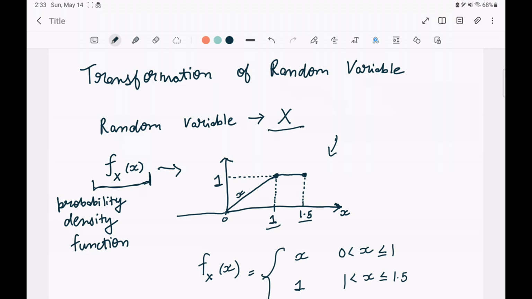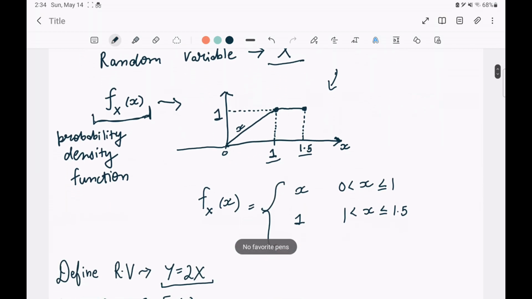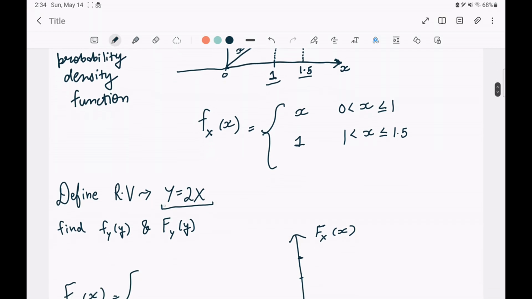Now let's say I have a random variable y which is a function of x and I have to find out its probability density function. How would I go about it? We define a random variable y which is equal to 2 times x.